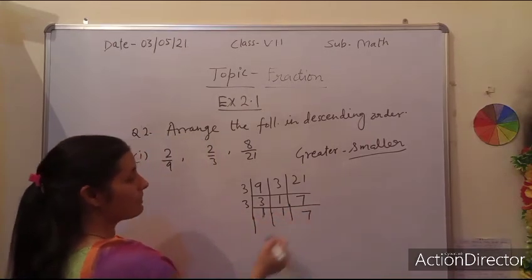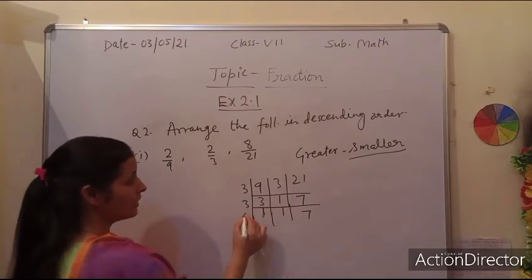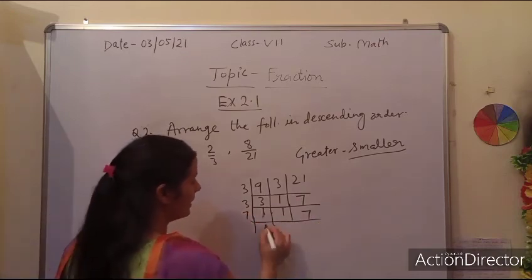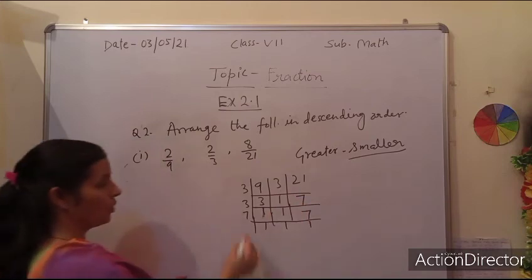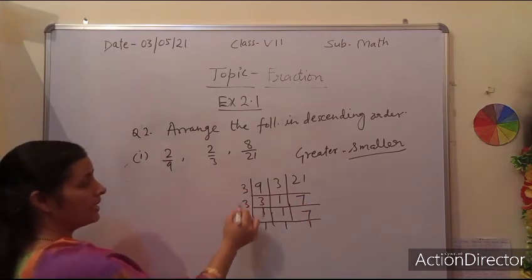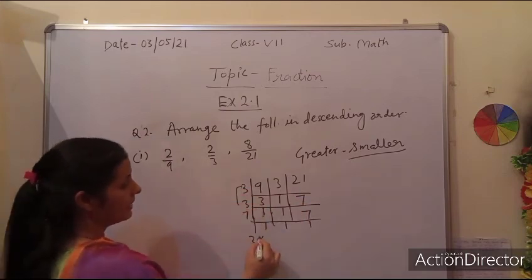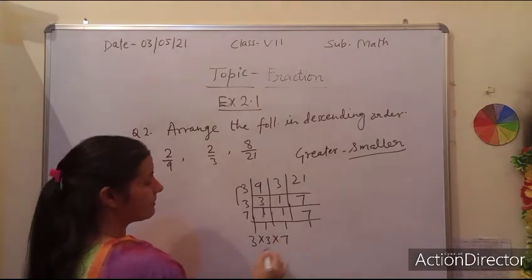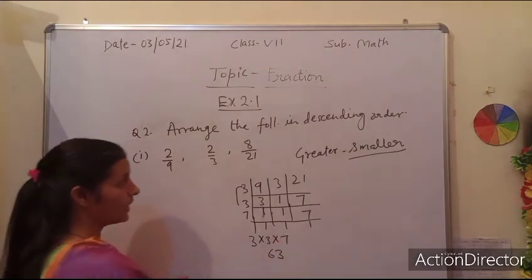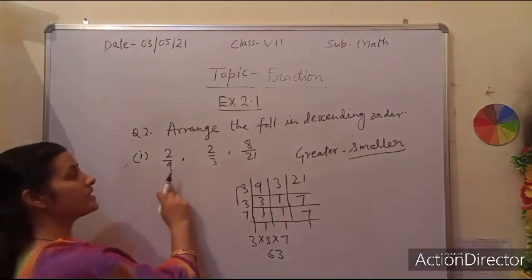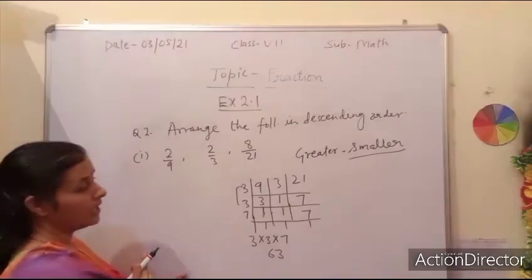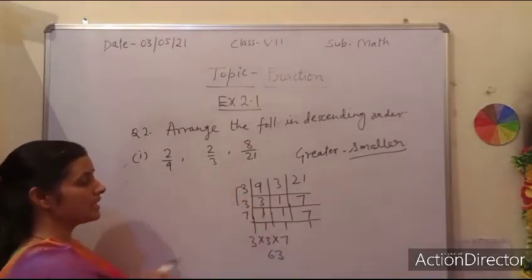Now 7 is a prime number and divides by itself. So 3 times 3 is 9, and 9 times 7 is 63. So 63 is the LCM of these three numbers.